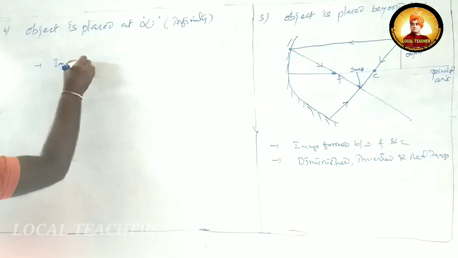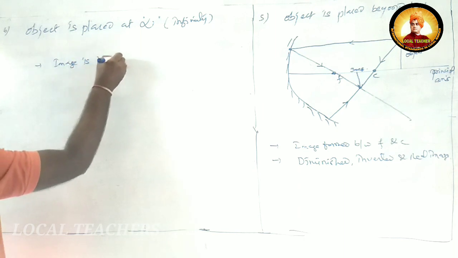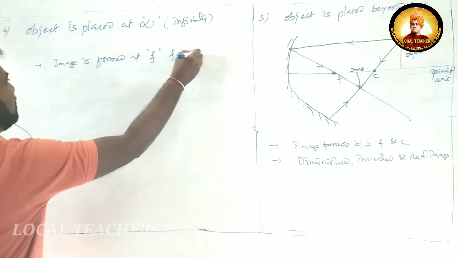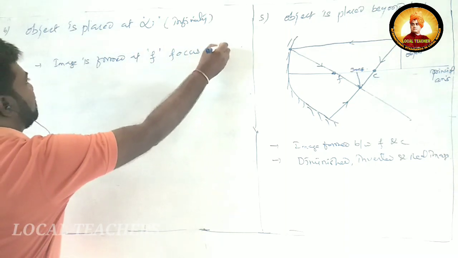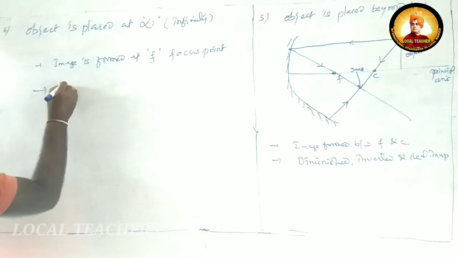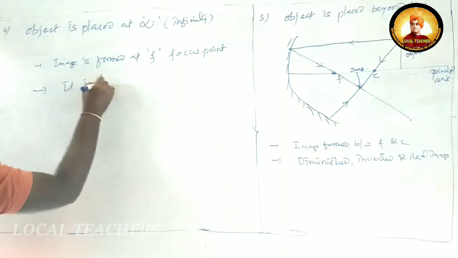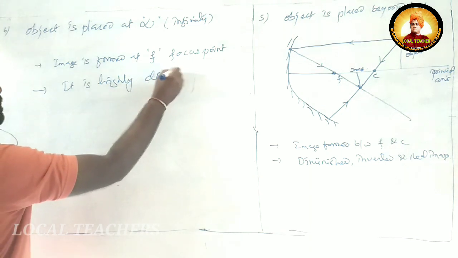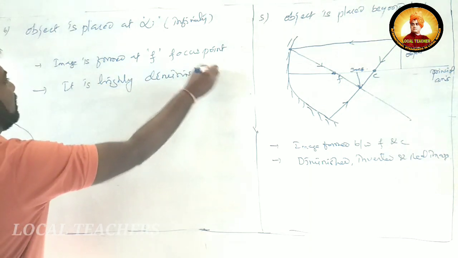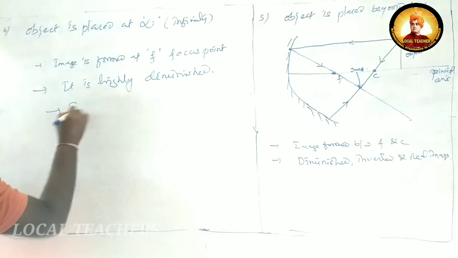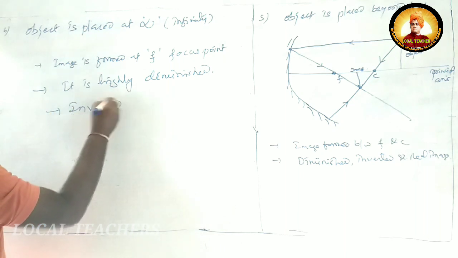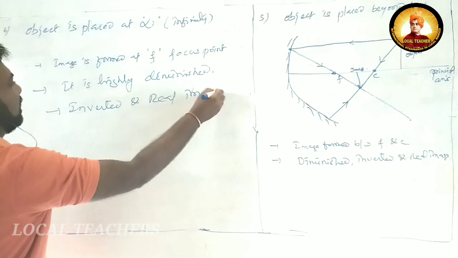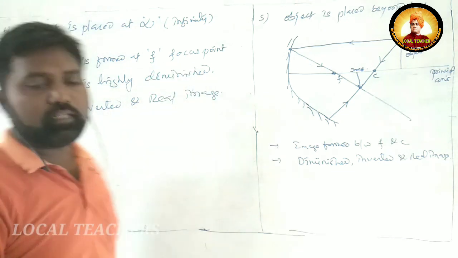Here the image is formed at F, that is the focus point. Next, it is highly diminished, inverted, and a real image.